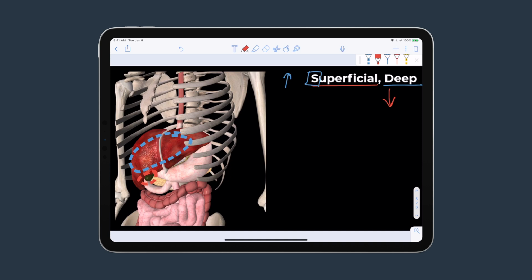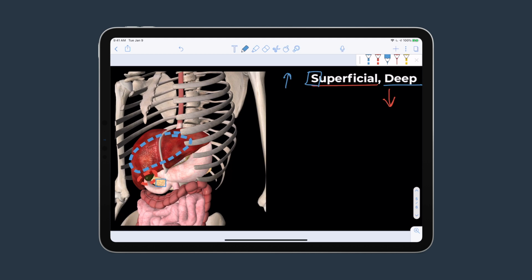But in our terms for superficial and deep, we would say that the gallbladder is deep to the liver. And we could go further and look all the way down here. We can see a little bit of the pancreas, and the pancreas is even deeper. The pancreas is behind all of those things, so it is deep.